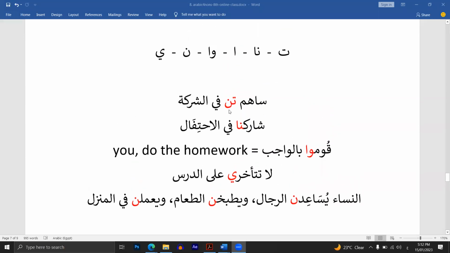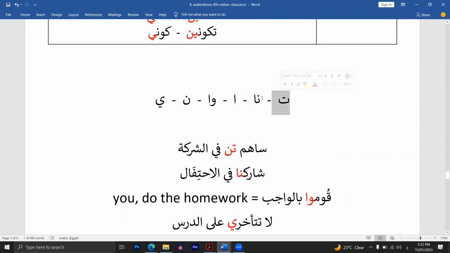Okay, I hope now the subjective pronouns are clear. Once you see one of them, تا, نا, ألف الاثنين, واو الجماعة, نون النسوة, or ياء المخاطبة, connected to a verb, or in general, once you see them in the middle of the sentence, with no hesitation, they are subjective pronouns.